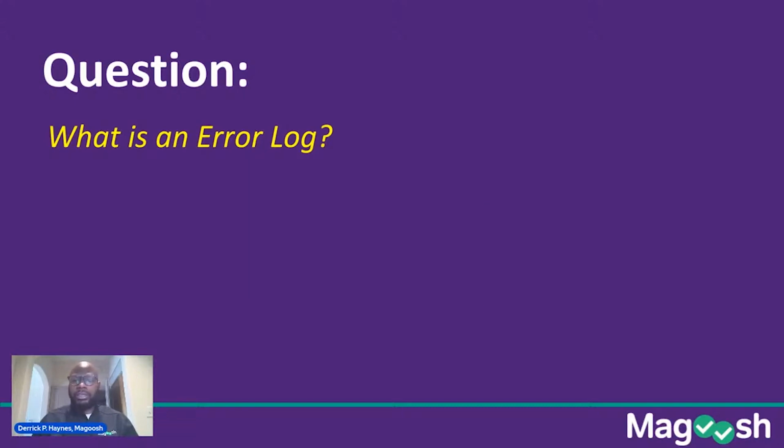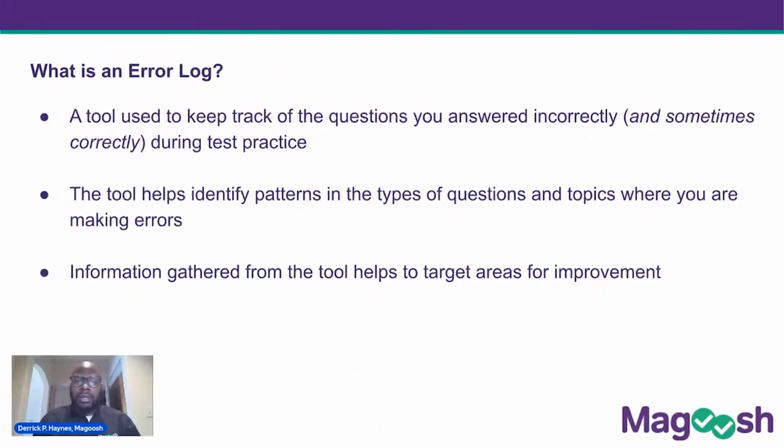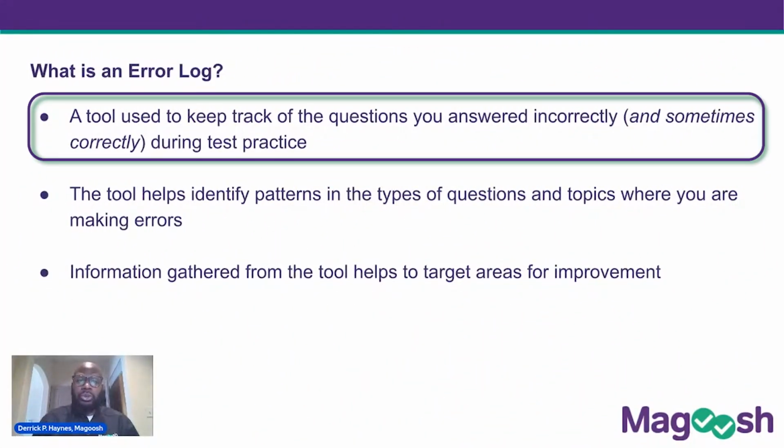And so I want to take a moment to answer the question, what is an error log? An error log is a tool used to keep track of questions you answered incorrectly and sometimes correctly during test practice.